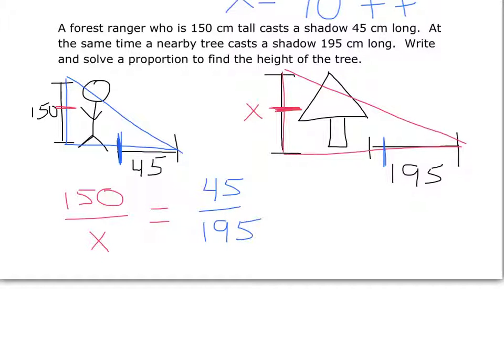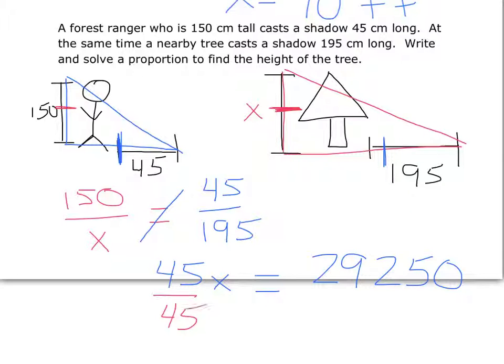Now we are going to cross multiply and solve this. So let's cross multiply here. 45 times x is 45x equals 150 times 195 is 29,250. Now to solve this, we need to get the x alone, so we're going to divide by 45.